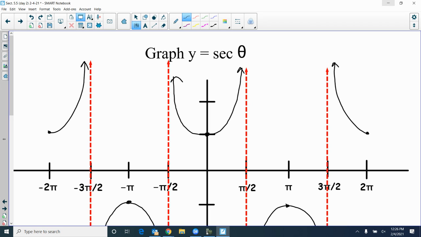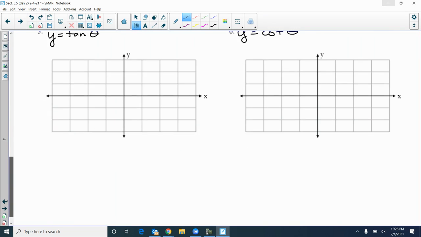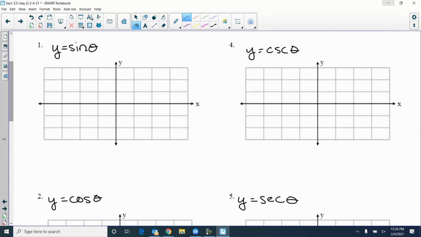Okay, for that. All right, so we've done sine, cosine, tangent, cotangent, secant, and cosecant. So you've got two things to do. I'm going to give you a little bit of time in class here. First thing is, on that sheet that has the 6 functions, this is going to be your study guide.